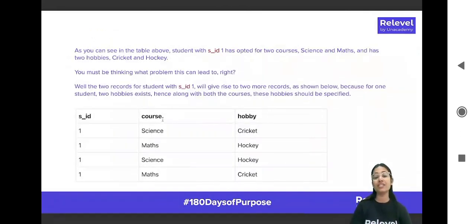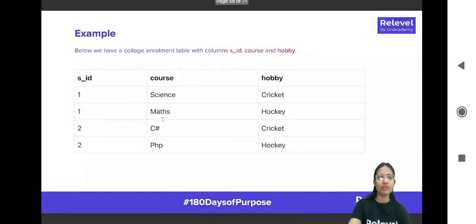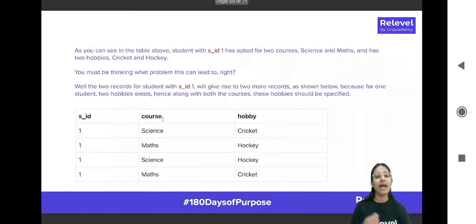As you can see in the above table, the student with student ID 1 has opted for 2 courses, science and maths, and has 2 hobbies as well, cricket and hockey. Now can you think of what problems this kind of structure can lead to?